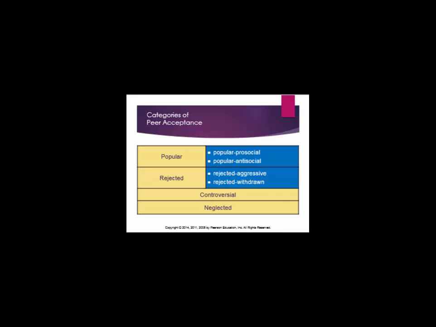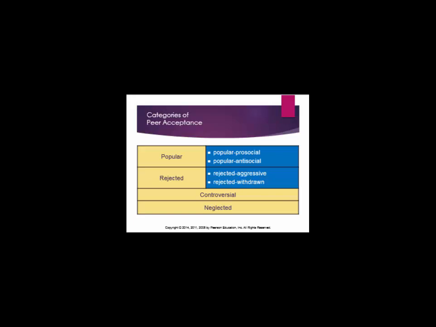Other rejected children are rejected withdrawn, and these are going to be the kids who are very shy, withdrawn, timid, lonely. Rejected aggressive children are like the bullies, and the rejected withdrawn children are especially likely to be targets of peer victimization, that verbal or physical attack on another peer.